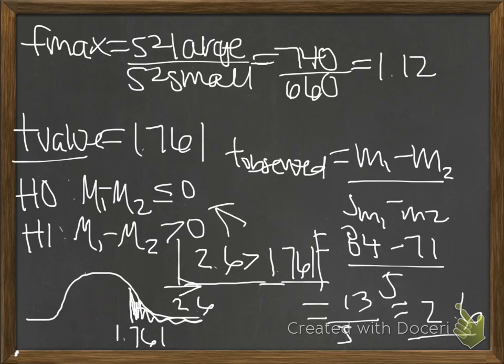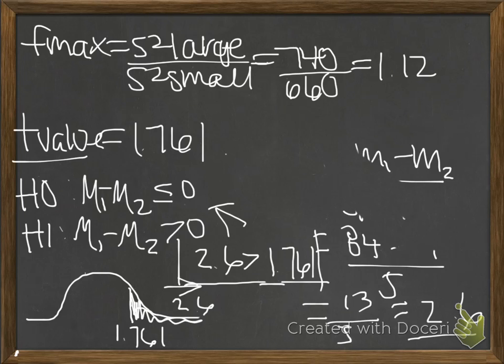So again, we reject the null, and then we can erase some of this.